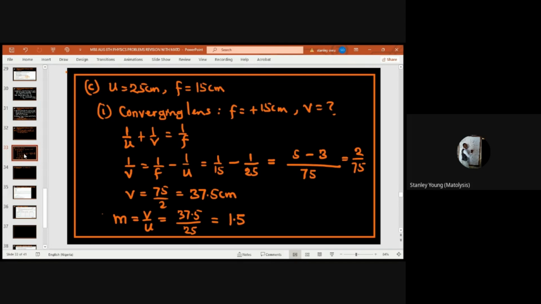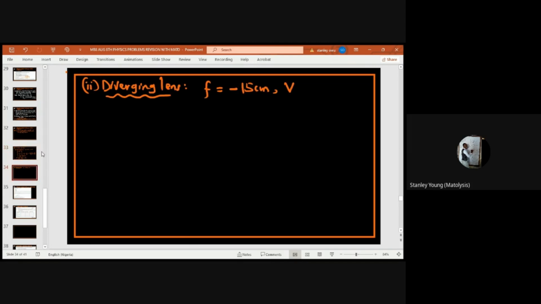Then for Roman figure 2, we go through the same process. 1 over v is going to be 1 over f minus 1 over u. So that's going to be 1 over negative 15 minus 1 over 25. The LCM is 75. 15 in 75, 5 times that, negative 5. Minus 25 in 75, 3 times that, 3.